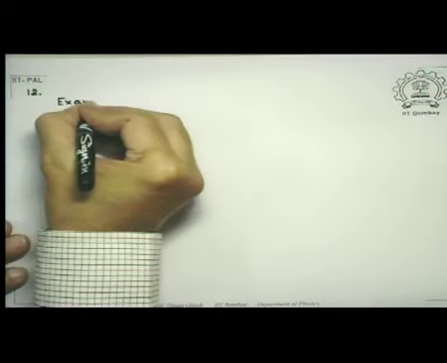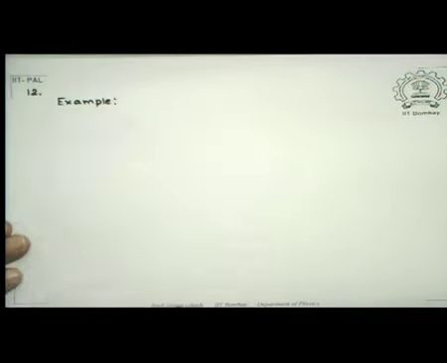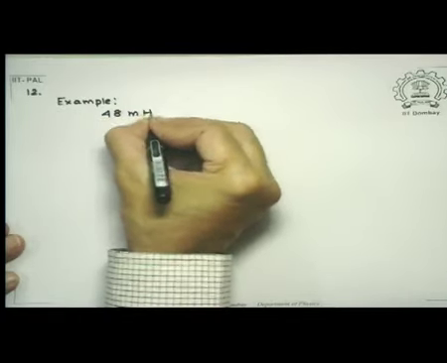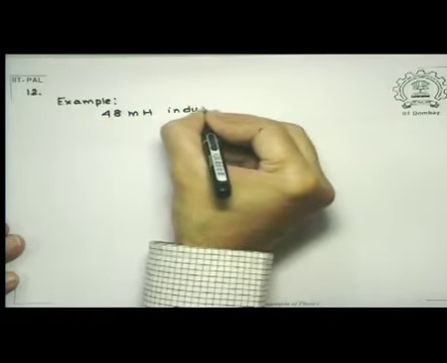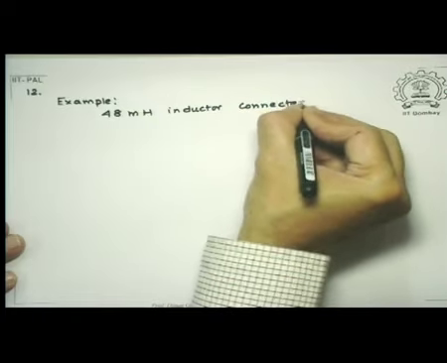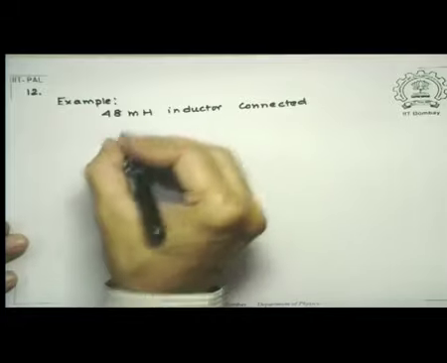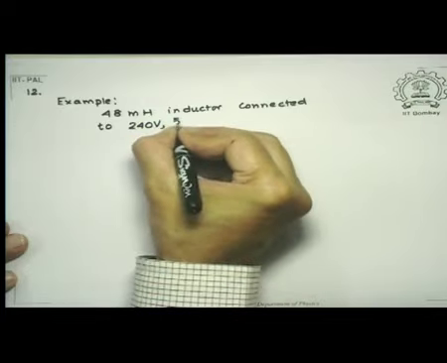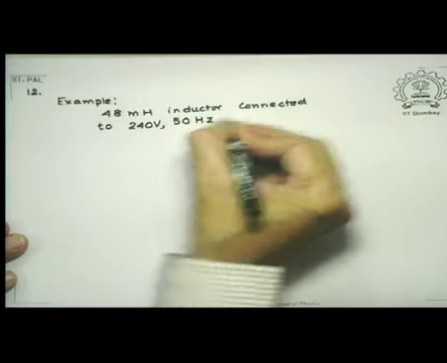Let me close this discussion with a couple of examples. Suppose I have a 48 millihenry inductor connected to, some of these numbers I have chosen such that arithmetic becomes easy, a 240 volts 50 hertz supply.